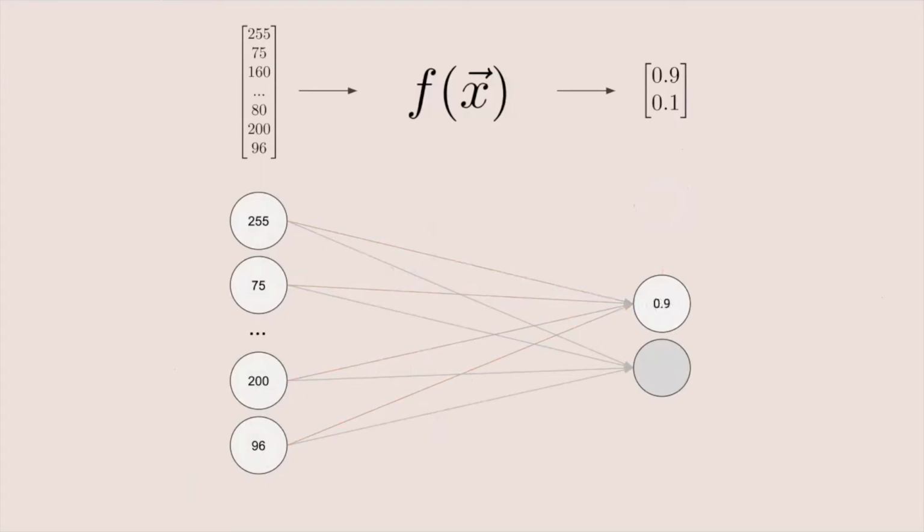And then for each neuron in the subsequent layer, i.e. the second layer, all of the neurons from the previous layer are connected to the neurons in this layer, which is why another word for multiple layers like this is fully connected layers in deep learning.